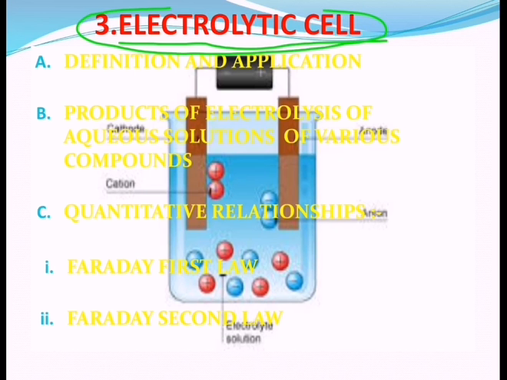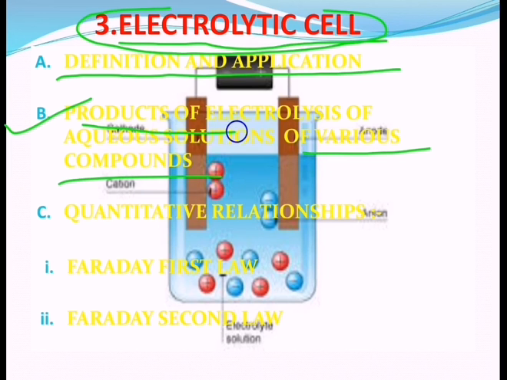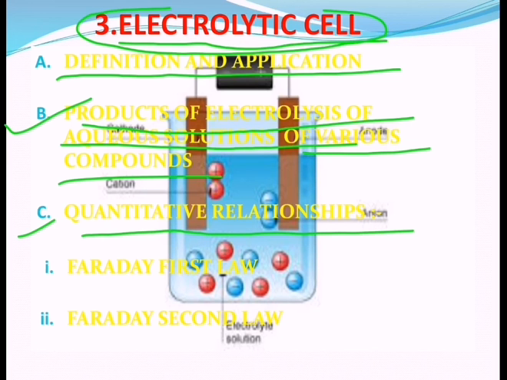In this topic, the important subtopics are: first, definition and application of the electrolytic cell; then B, product of electrolysis of aqueous solution of various compounds; then third is quantitative relations, meaning mathematical relationships.